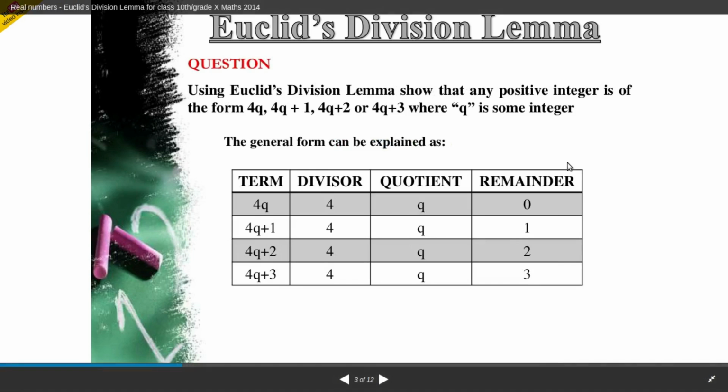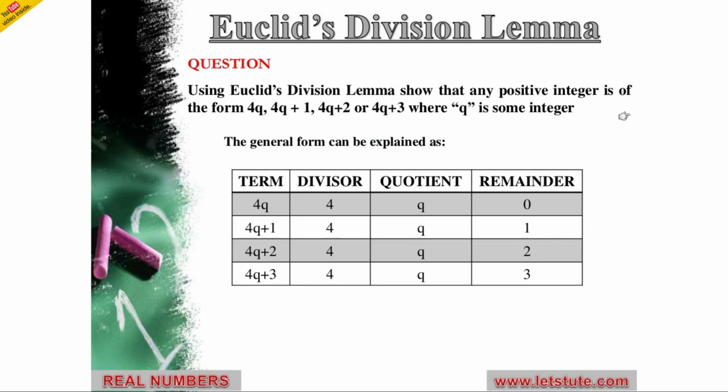First one: using Euclid's division lemma, show that any positive integer is of the form 4q, 4q plus 1, 4q plus 2, 4q plus 3, where q is some integer. What I suggest you is to first go through the problem clearly. If you want, you can read it twice or thrice.